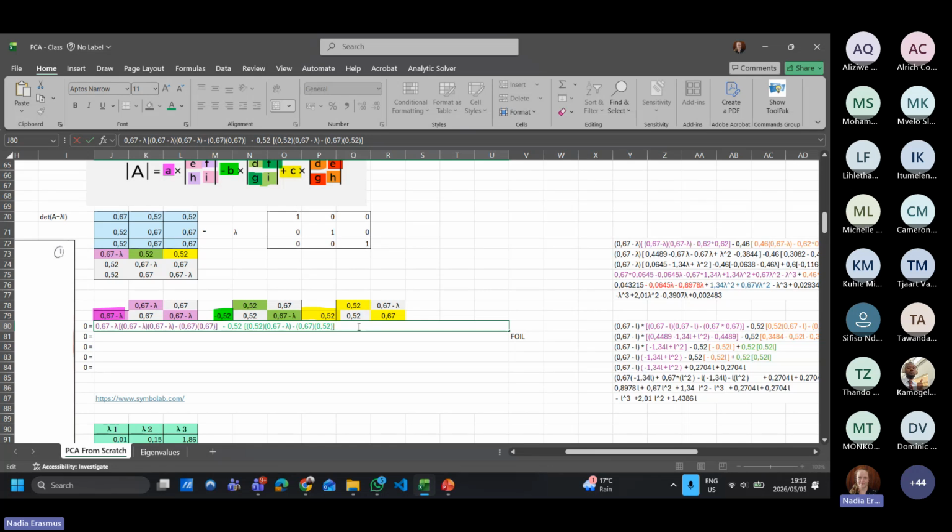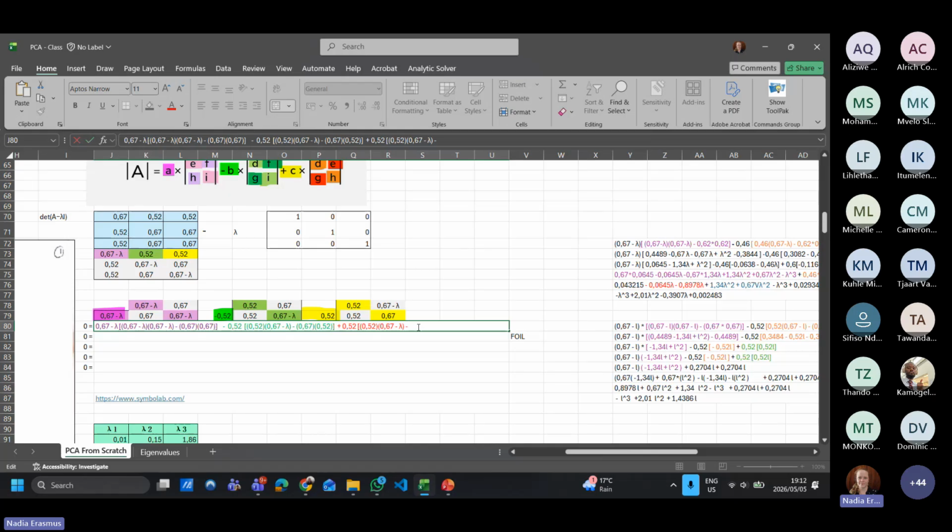Okay, then we're going to add our last section, which is 0.52. I'm not going to make it yellow, otherwise nobody's going to see it, so I'm going to make it red. Okay, block brackets, getting the equation 0.52 times 0.67, so 0.52 multiplied by your 0.67 minus lambda, subtracting our 0.67 minus lambda times 0.52.